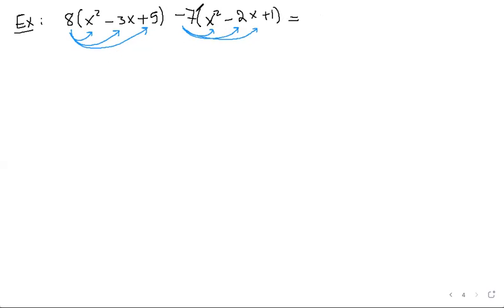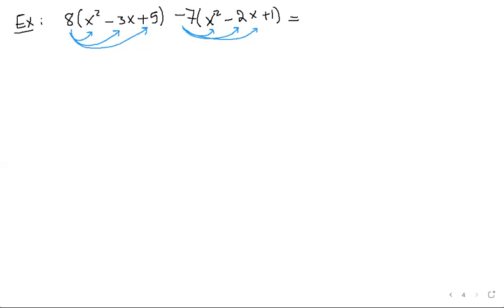So what do we get? 8 times this is 8x squared minus 24x plus 40.